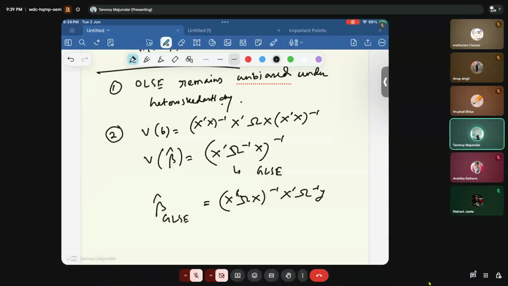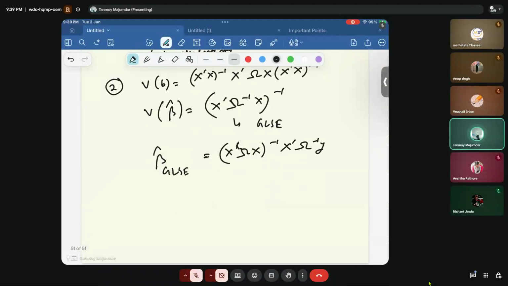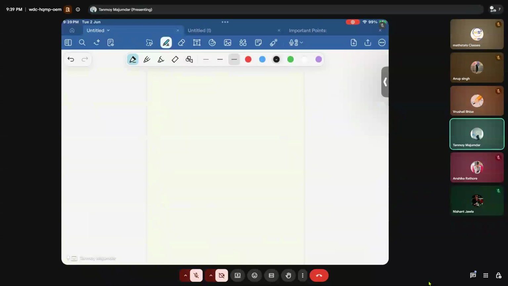So for example, if you consider a simple linear regression model, y equals beta naught plus beta 1 x plus epsilon.